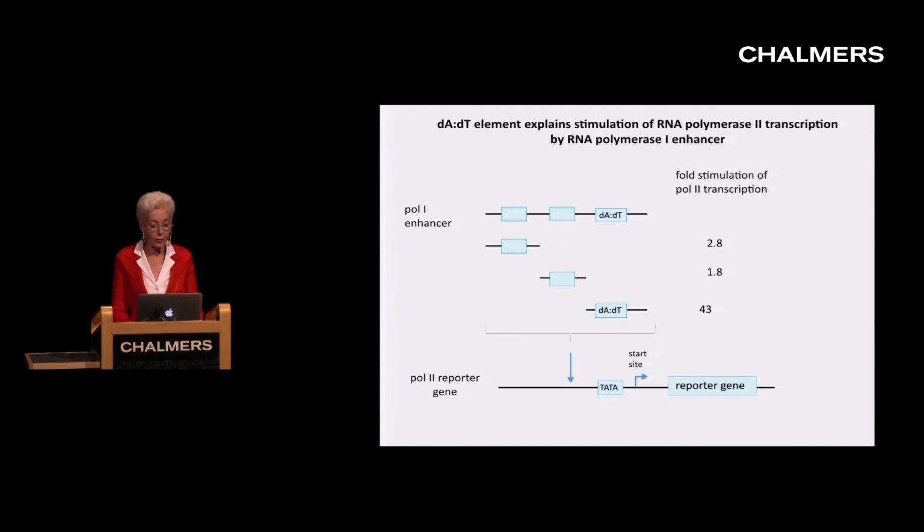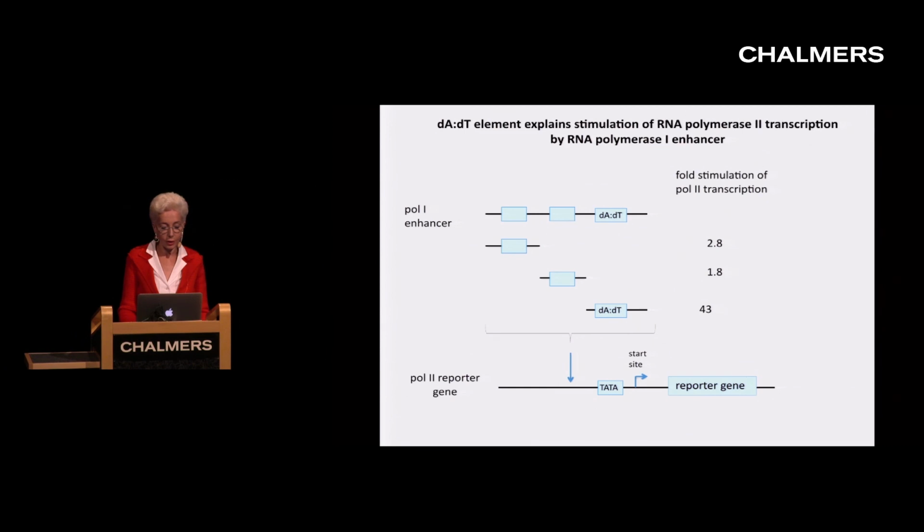This discovery of a stimulatory effect of the A-T elements explained a surprising finding we made 25 years ago. We found that regulatory sequences that enhance transcription by RNA polymerase I also stimulate transcription by RNA polymerase II. This was unexpected because the control of the two RNA polymerases was believed to be very different.